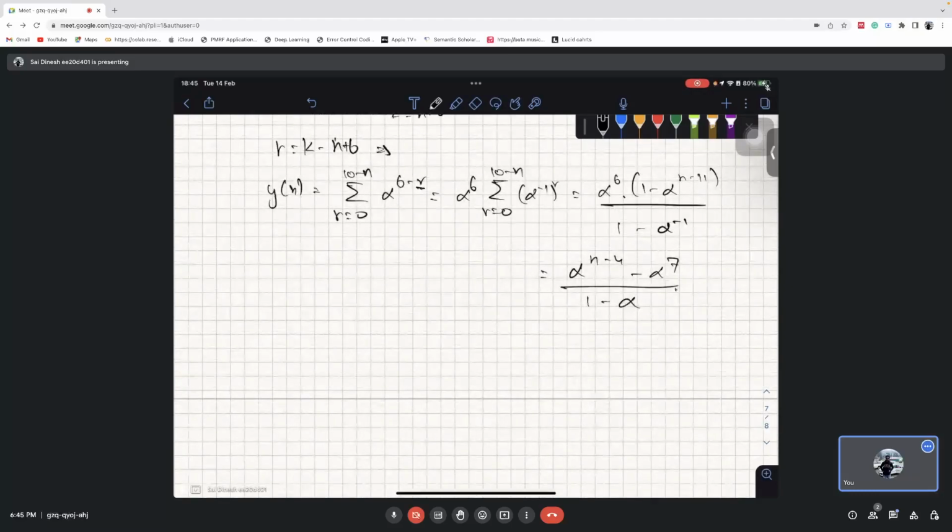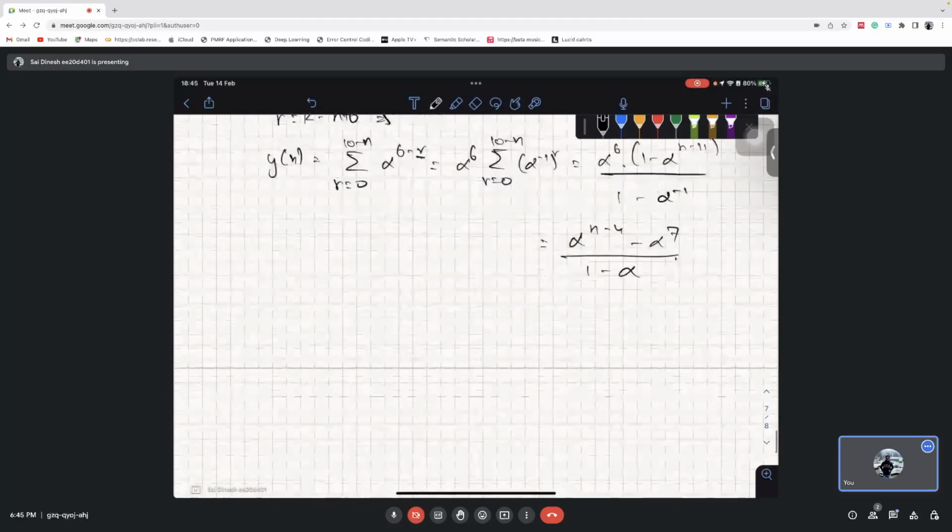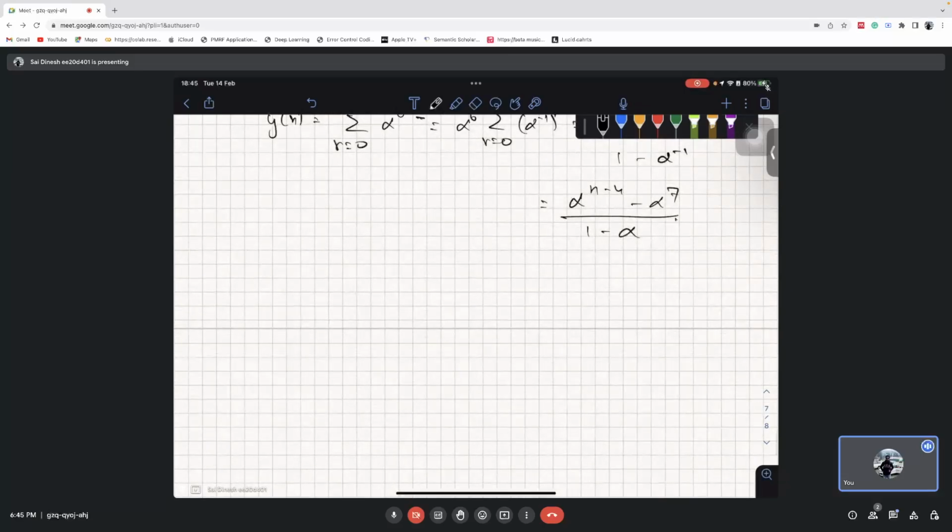Now region 5 is where n is greater than 10. Again there is no overlap, so here y of n equals 0 again.